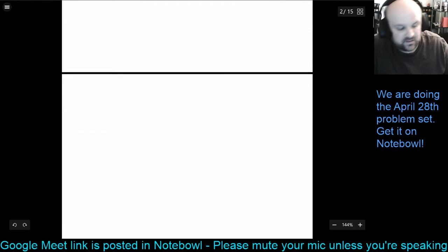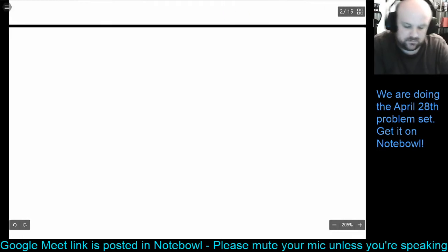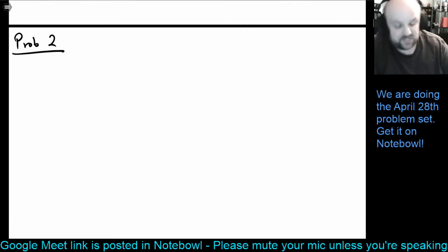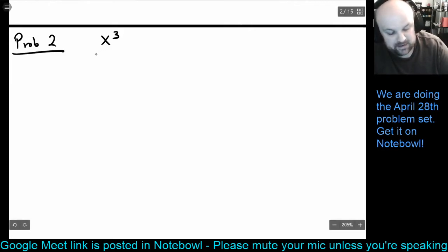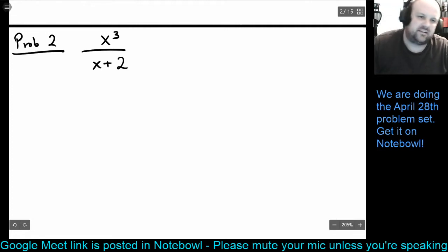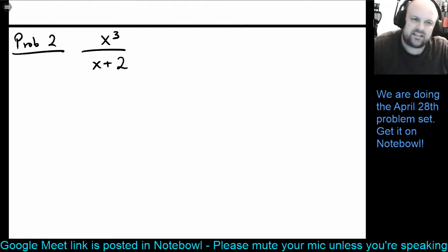All right, let's look at problem 2. Problem 2 is asking to find a power series representation for this function. So think about that for a second. Try and think if there's any quick way you might be able to go about that.